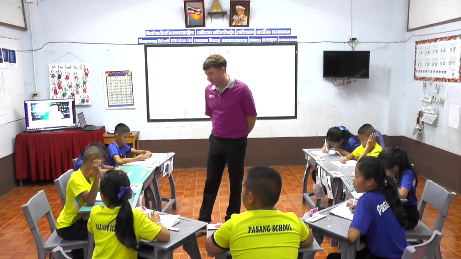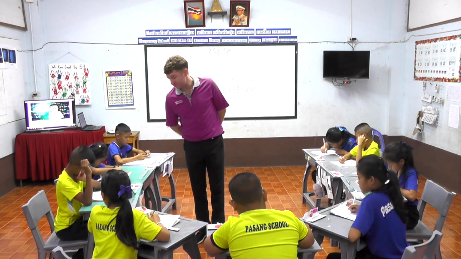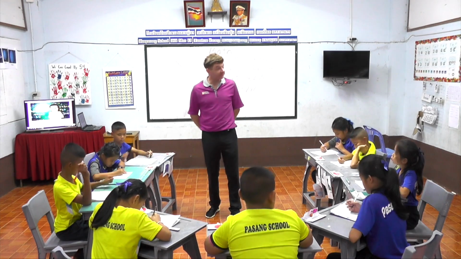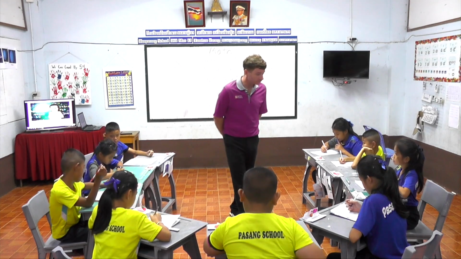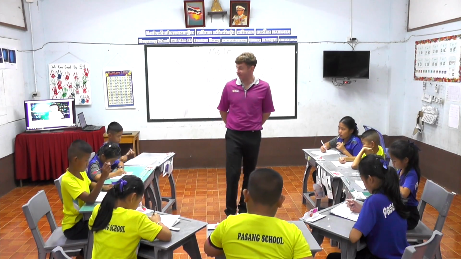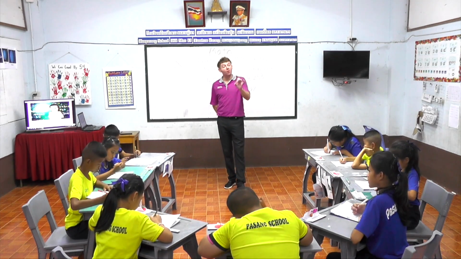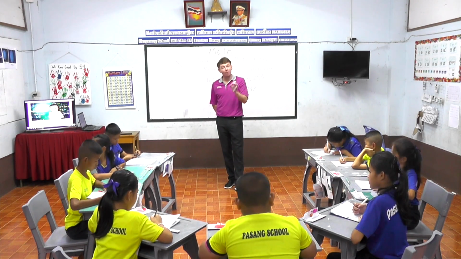For example, the first one, 8 times 9, 72. So then what do you notice about number 2? 9 times 8, 72. And that's what we call commutative properties.